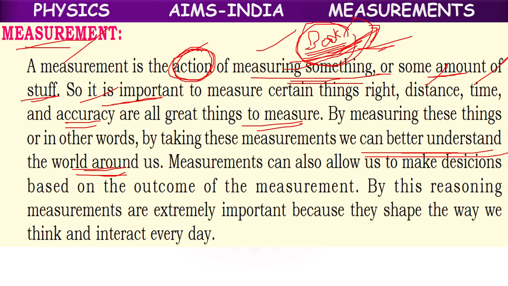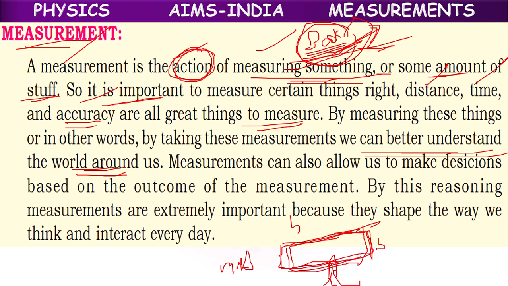In the same way, suppose one object is there, one brick. By seeing the brick, you can just tell it is a brick. You cannot explain about it. But if you take some tape, you can measure its length, its breadth, its height. Or if you take some common balance, you can measure its mass, its area, its volume.